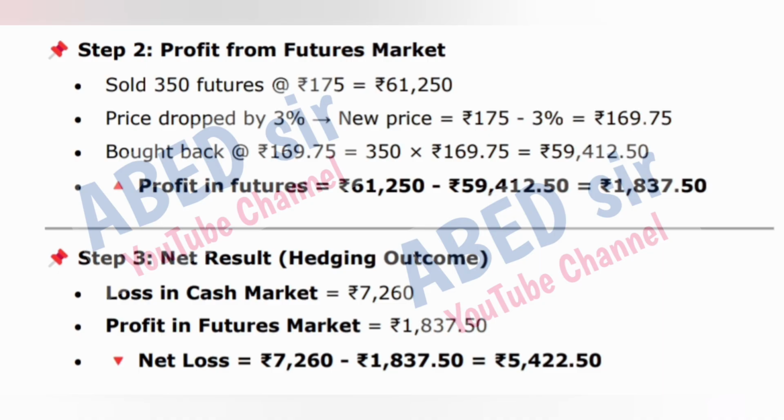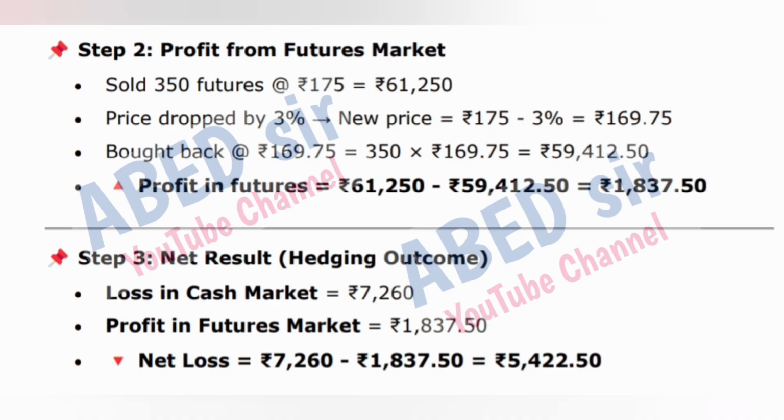Bought back at 169 rupees and 75 paise is equal to 350 times 169 rupees and 75 paise, which is equal to 59,412 rupees and 50 paise. Profit in futures is equal to 61,250 rupees minus 59,412.50 rupees, which is equal to 1,837 rupees and 50 paise.